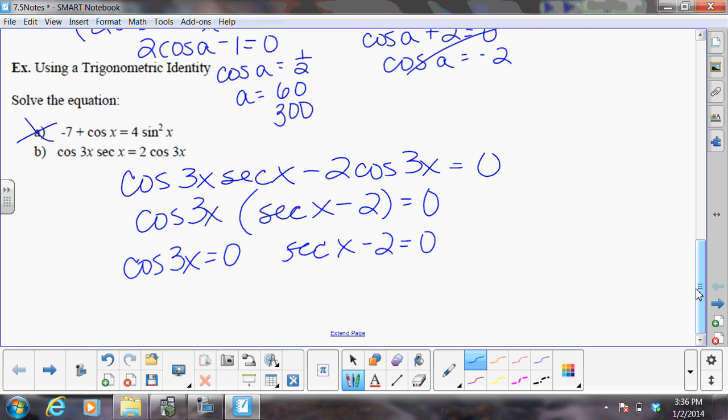All right, well, one is cosine 0. Cosine is 0 at 90 and 270. So we're talking about 30 and 90, which actually is not the way that I did it above.